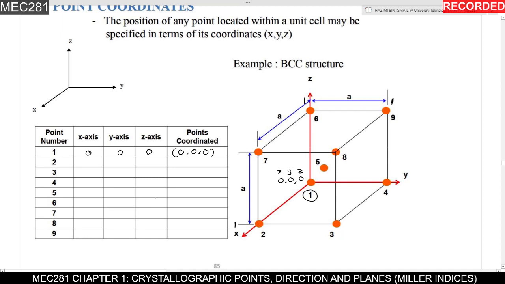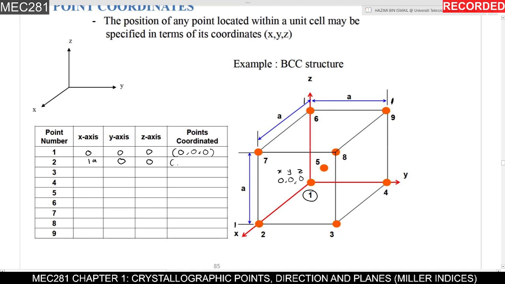So for point number 2, at the x-axis, it is at point 1 or A. I put 1 times A, also A. The y-axis at point 2 is 0. The z-axis at point 2 here is 0.